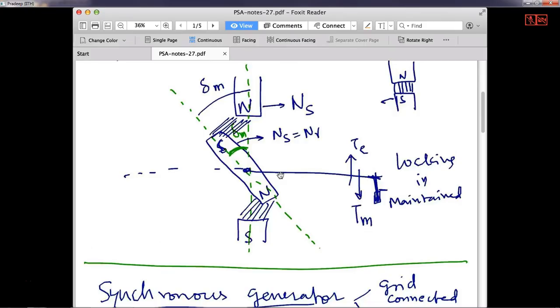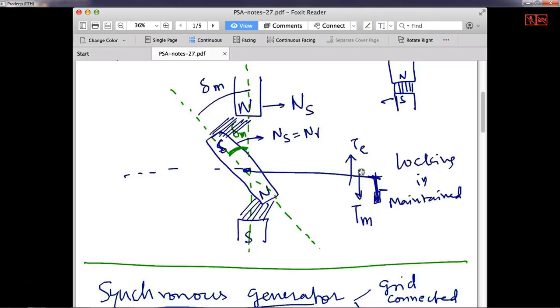Now as a result, you see there is still magnetic locking going on there. The magnetic locking is still there, and the amount of electrical force generated here will be proportional to the amount of loading, such that finally the delta M settles at some stationary value, and there is now more magnetic force between these two, so that they can counteract the load.